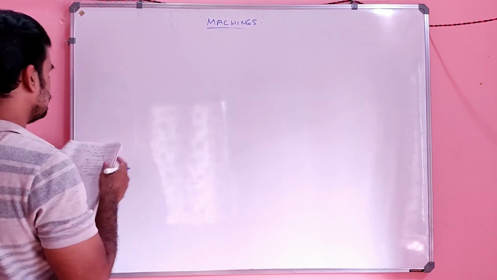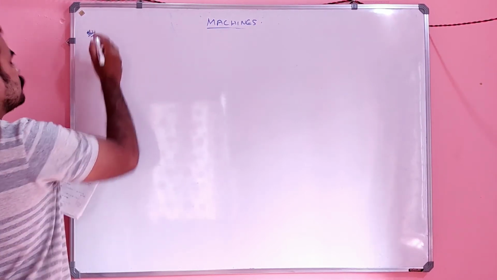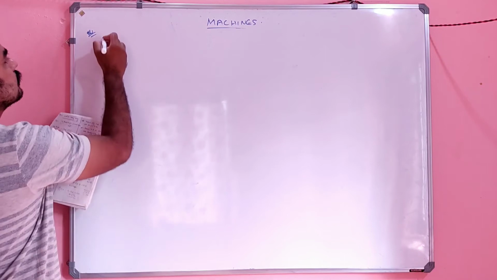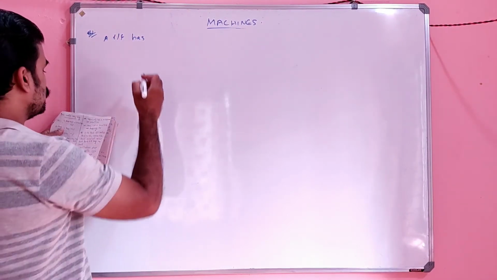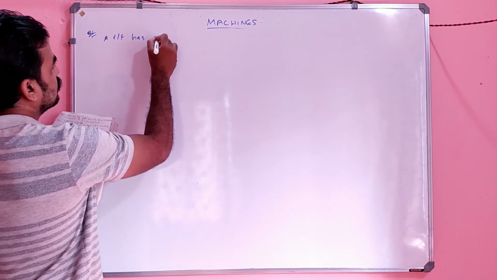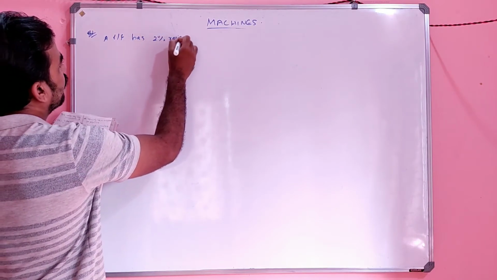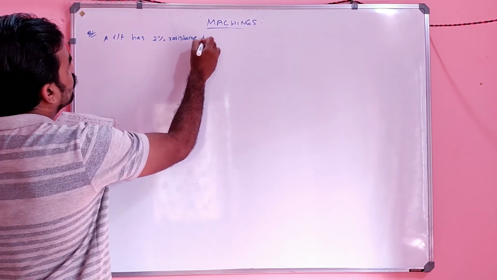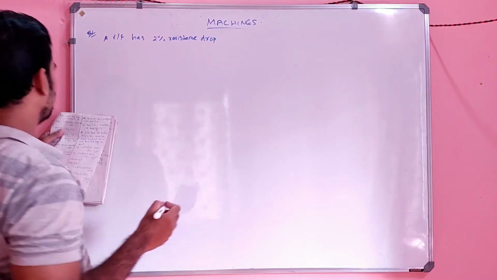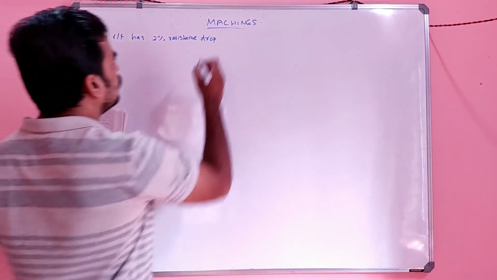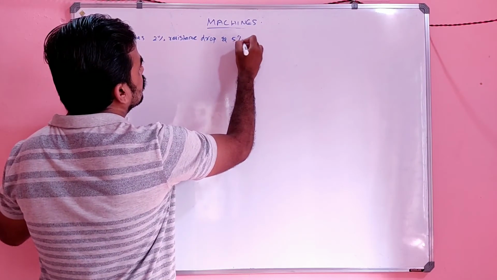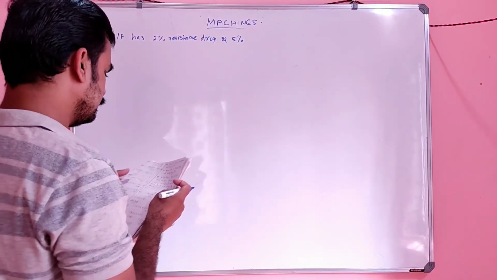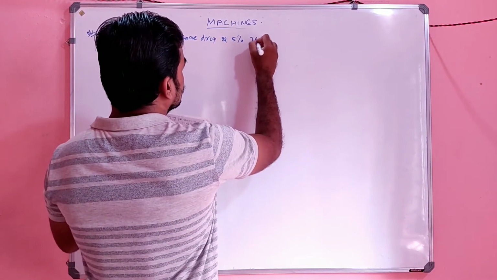A transformer has 2% resistance drop and 5% reactance drop.